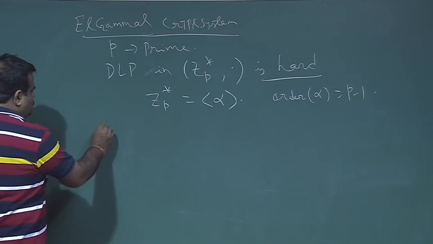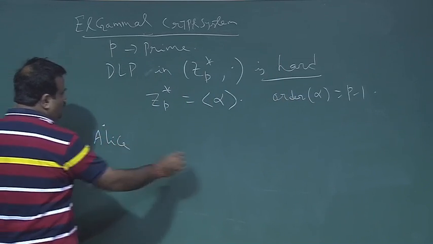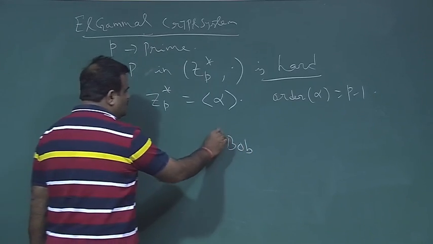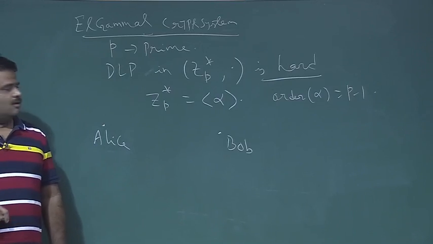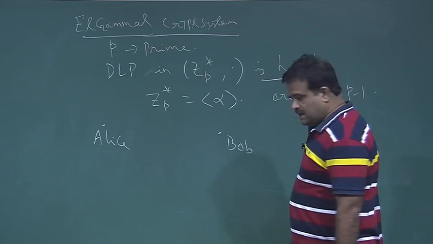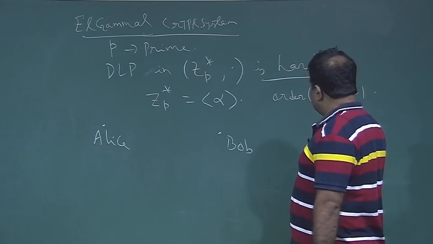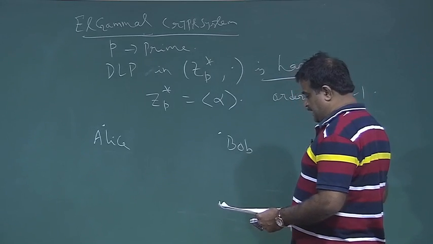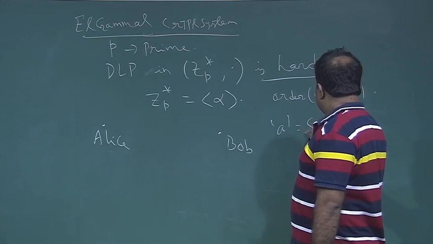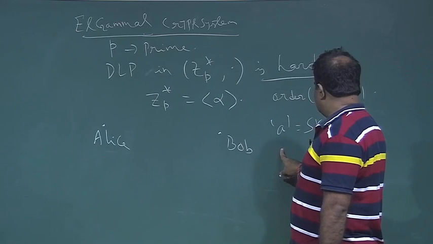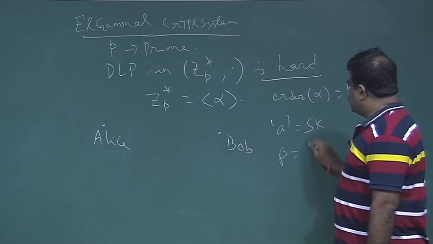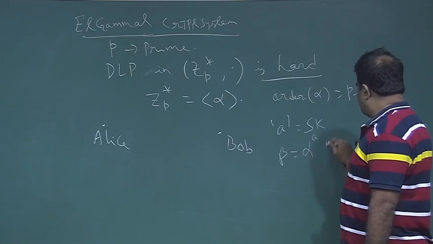Now, what are the keys? Alice is communicating with Bob. Alice wants to send a message to Bob, so the key generation is done by Bob. Bob has the group Z p star, and Bob chooses a, which is the secret key of Bob, and computes beta, which is alpha to the power a mod p.